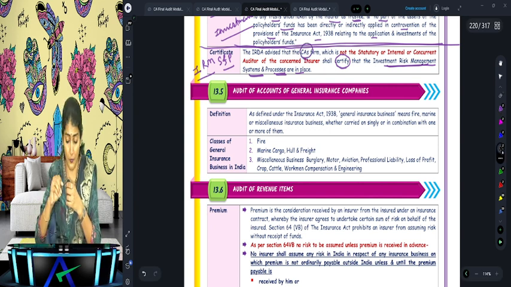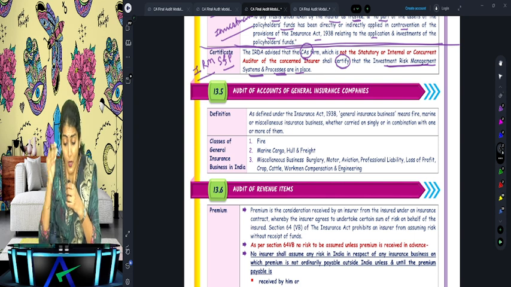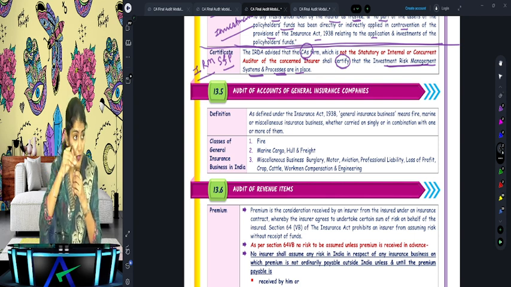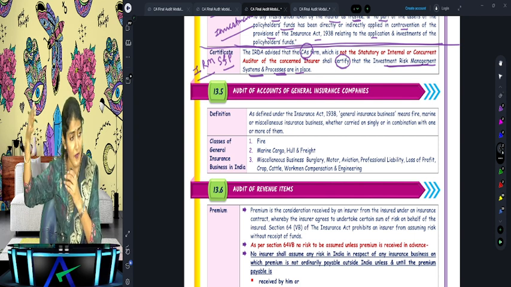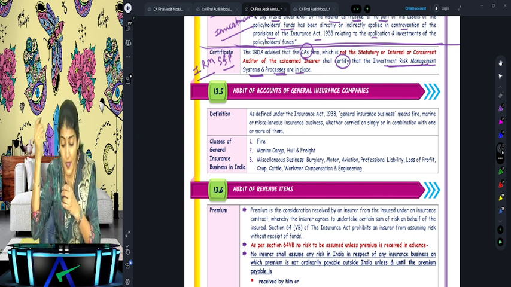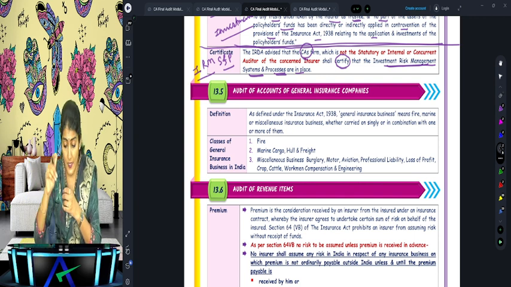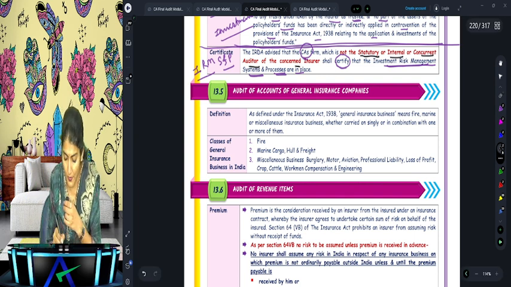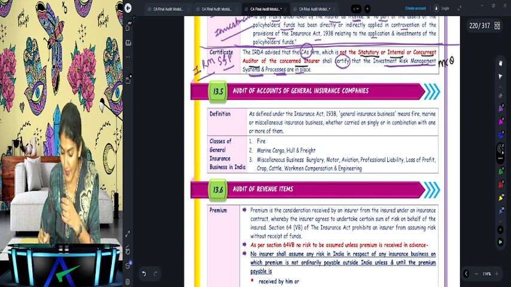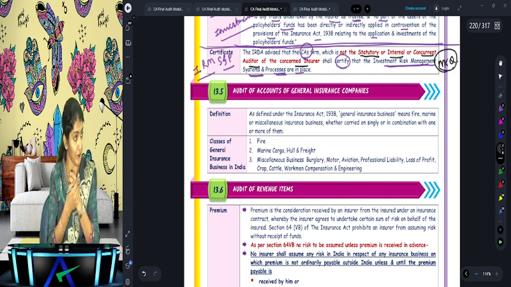This chartered accountant, not preferably, compulsorily. That chartered accountant who is signing this certificate, investment risk management systems and processes, should be signed by a CA who is not the statutory, internal, or the concurrent auditor of the concerned insurer. Again, they have asked this in the MCQ, right?